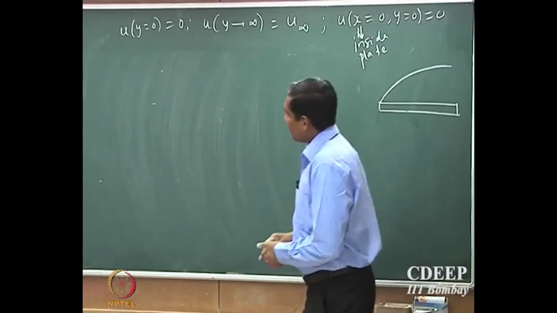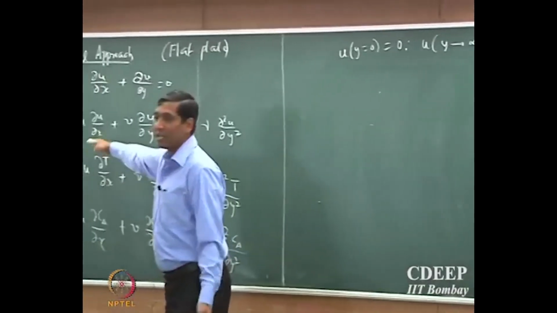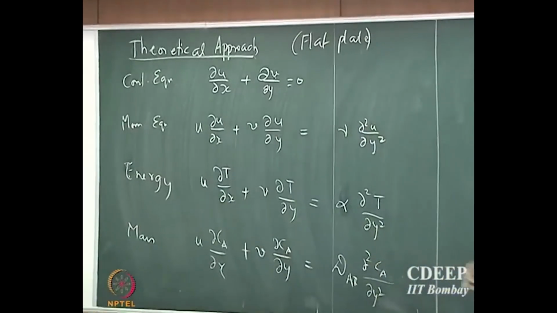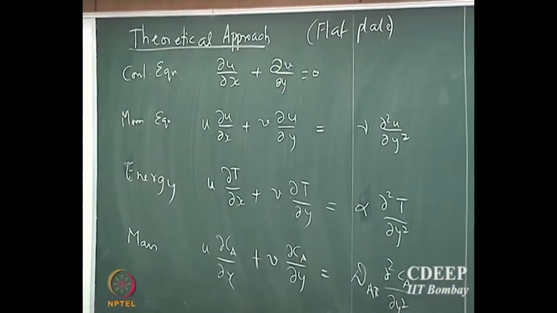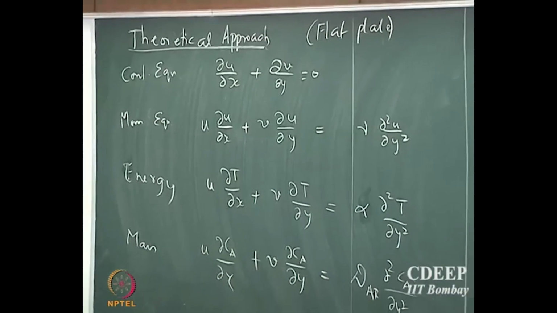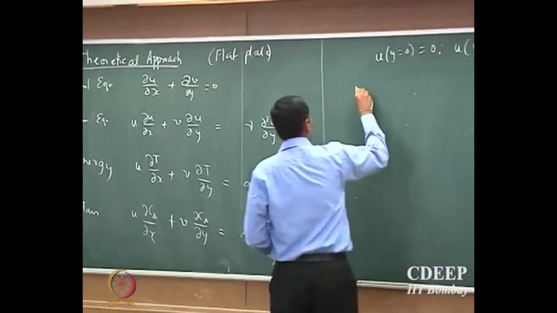So now obviously this is non-linear, look at the velocity equation, it is a non-linear equation and you will not be able to solve it analytically. But then there are some cute ways of reducing the equations to a form which is much more amenable to the standard analytical techniques, and that is given by what is called the method of Blasius.